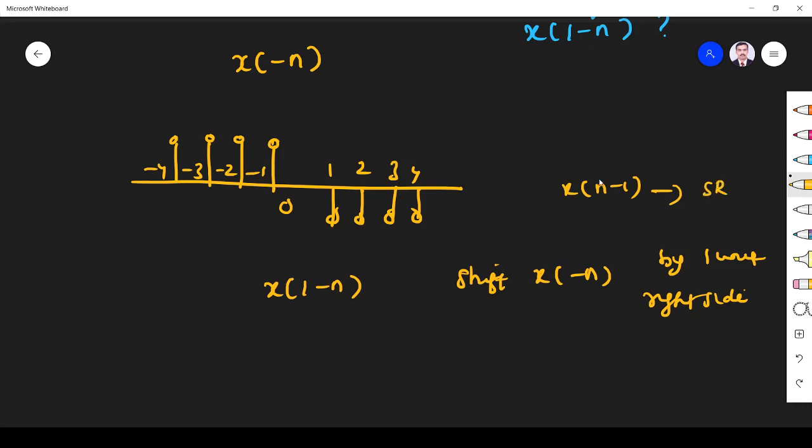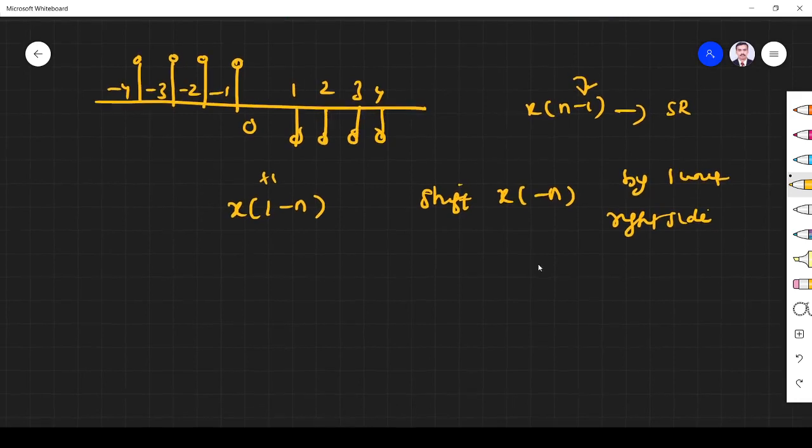Here the shifting factor is minus 1, and here the shifting factor is plus 1. But since it is plus, we are shifting right-hand side. Otherwise simply understand x of 1 minus n should go to the right side. If you want details, please refer to my video on time shifting.